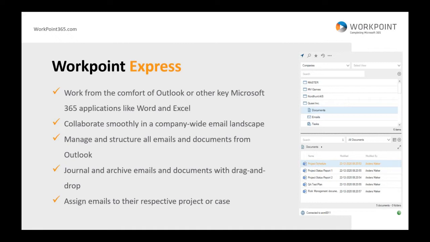In those cases, you can set it up so users are only prompted for the information that is mandatory to enter, and otherwise WorkPoint will set information on the documents or emails automatically. We strive to make document management easy, and one of the ways is to only ask for the needed information.